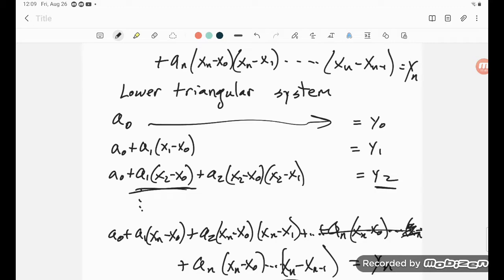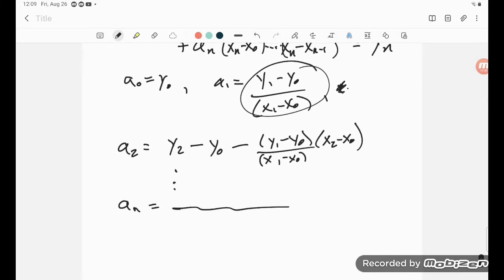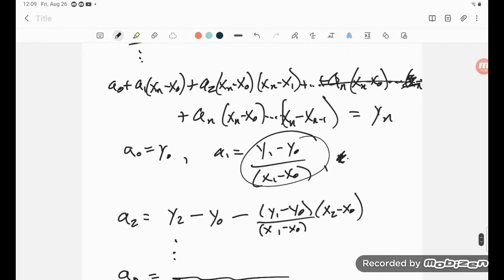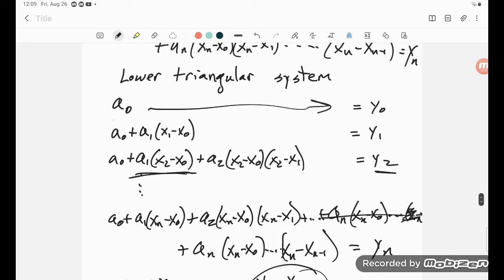So it is more efficient to determine the coefficients that way, because again, I would have these numbers.